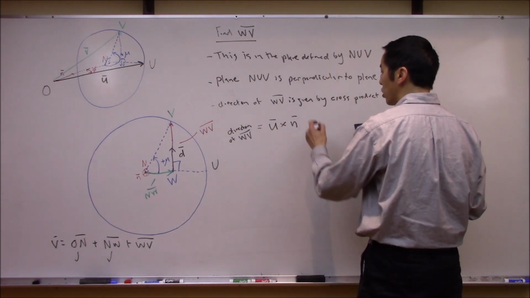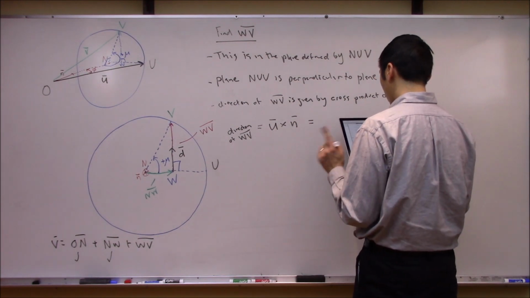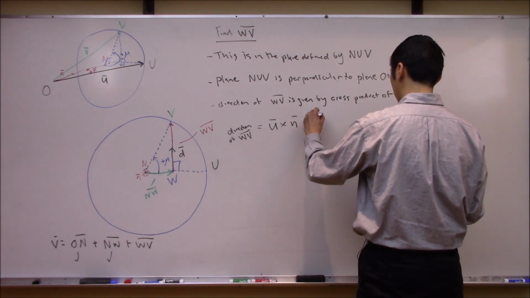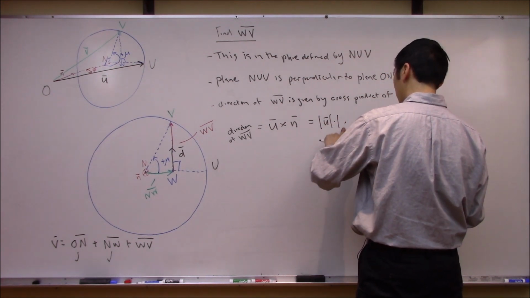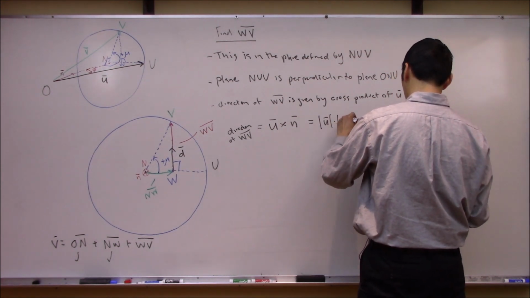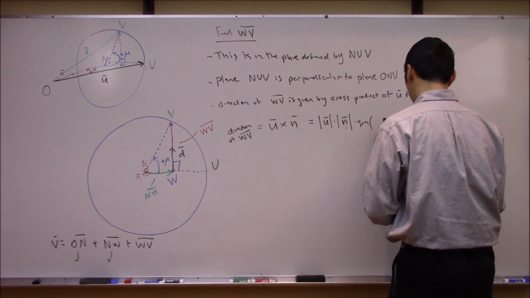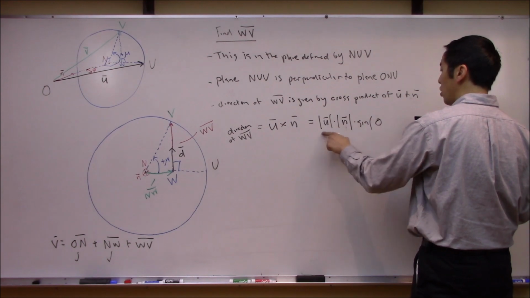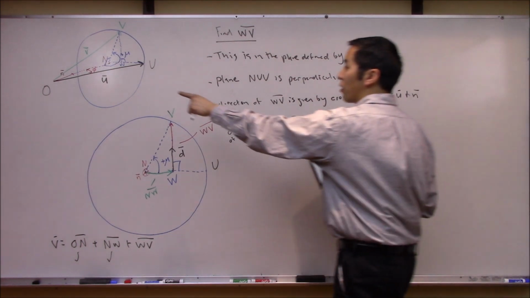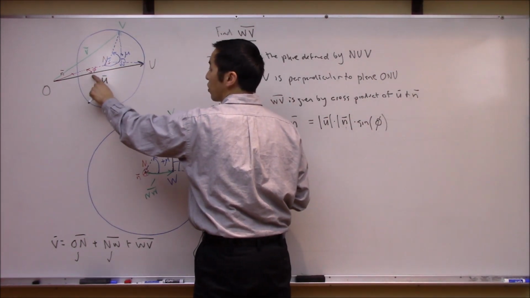If you remember the definition of the cross product, you can also write this as magnitude of U times magnitude of N times sine of the angle between them. Now, the angle between U and N, if you remember earlier, is this angle phi we said earlier, which is constant, right?